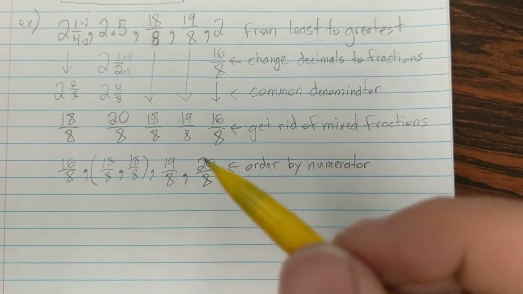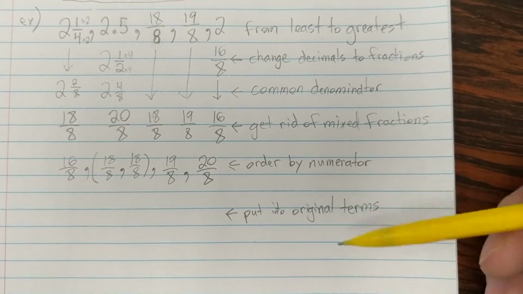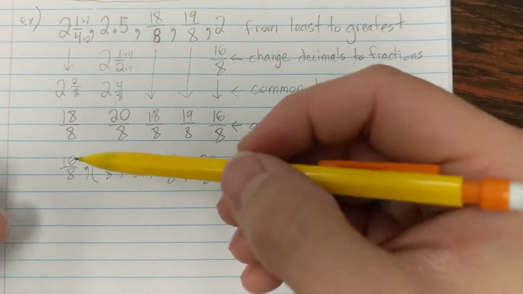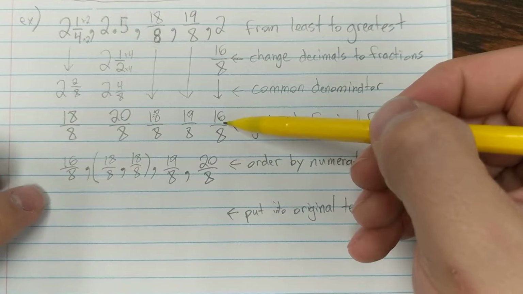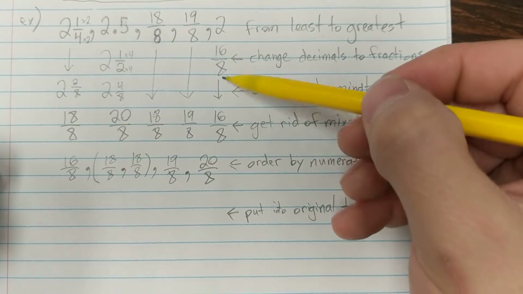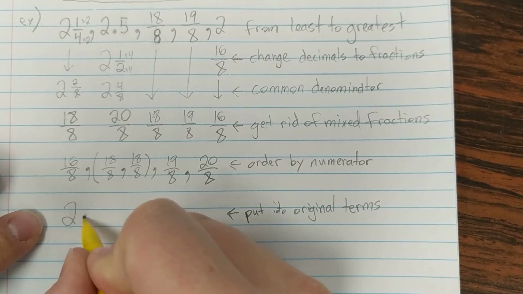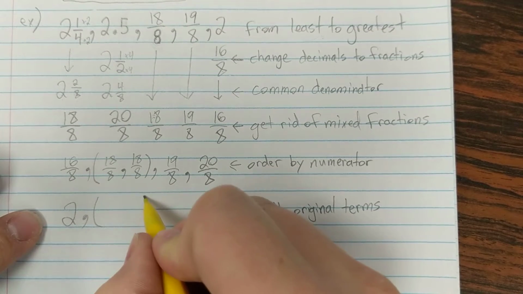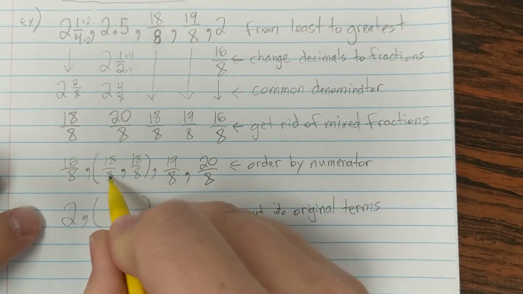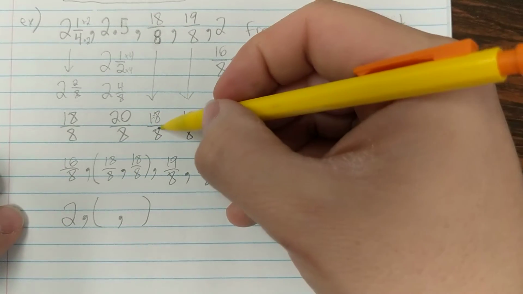They're in order. And finally, we're going to put it into original terms. So 16 over 8, let's find it in the step before. 16 over 8 was 2. So let's start with 2. Then we'll put a comma. We know the next 2 we'll put in brackets. It doesn't matter which order you put these, so let's find our 18 over 8.